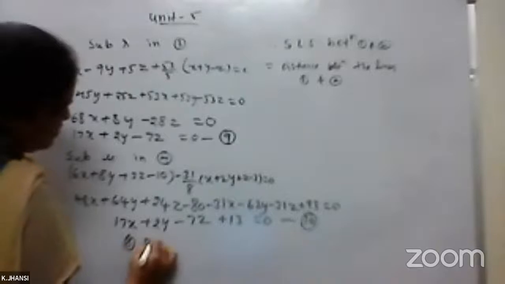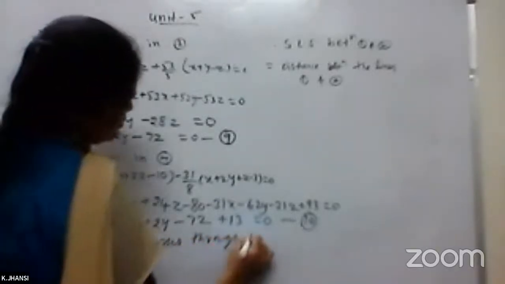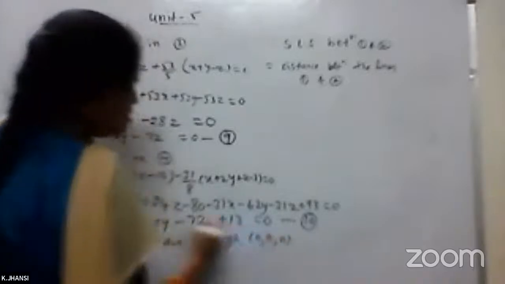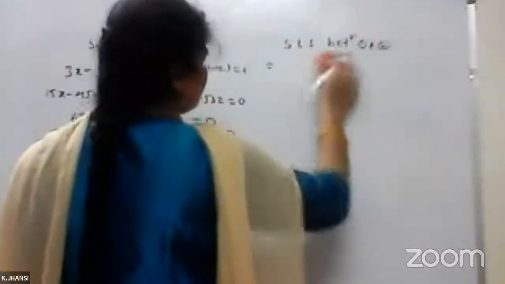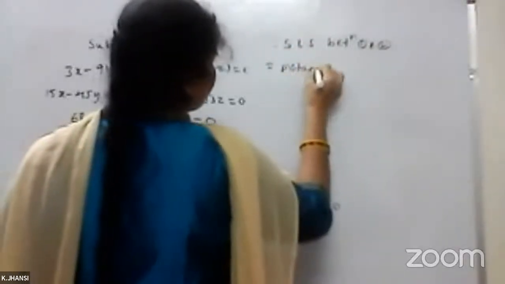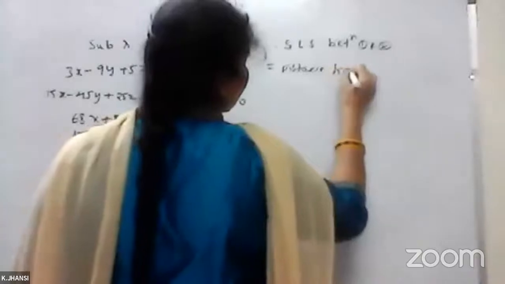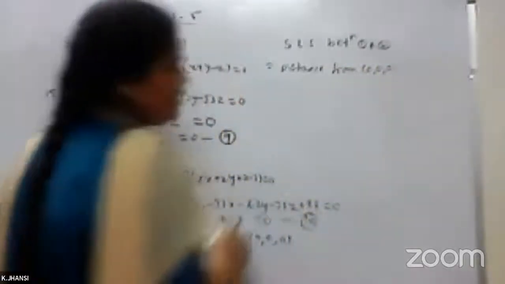Equation 8 passes through 0, 0, 0. Here you can write distance from 0, 0. Okay.